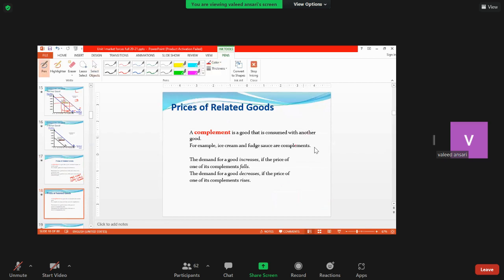Let us say hardware, Y: if the price of any product increases, the quantity demanded of this will fall. So there is an inverse relationship because they are used together.